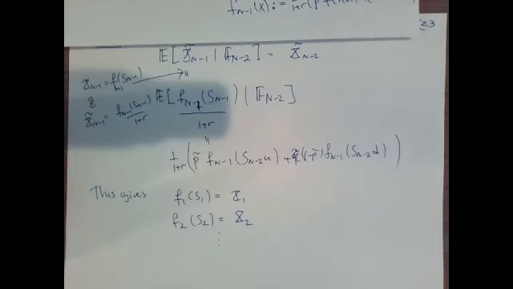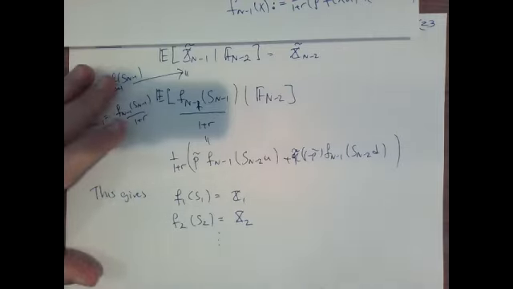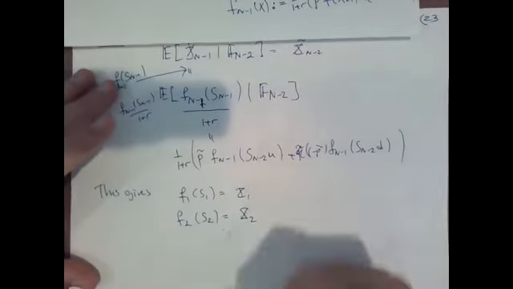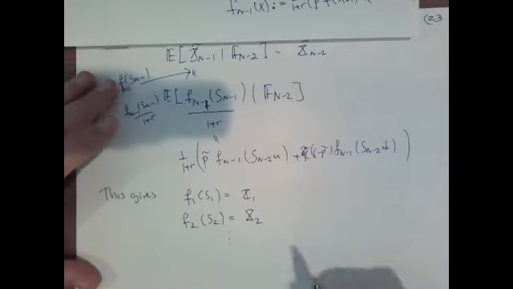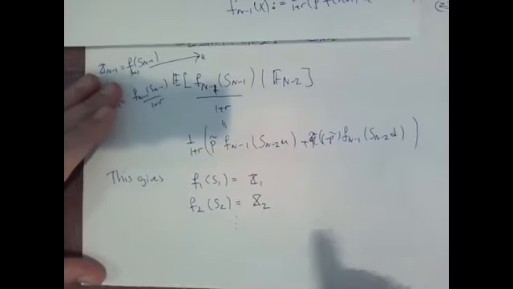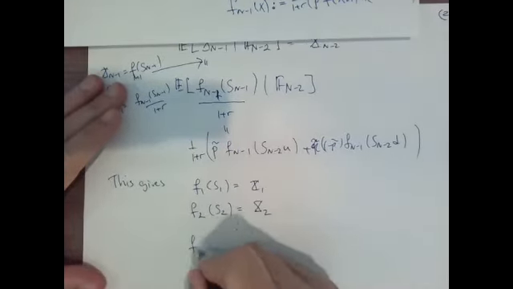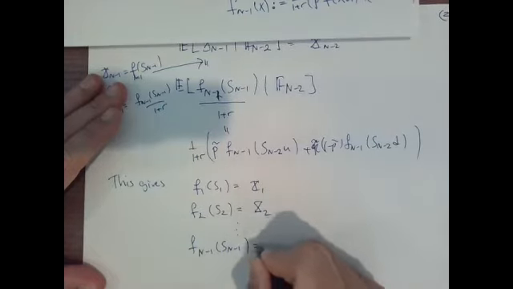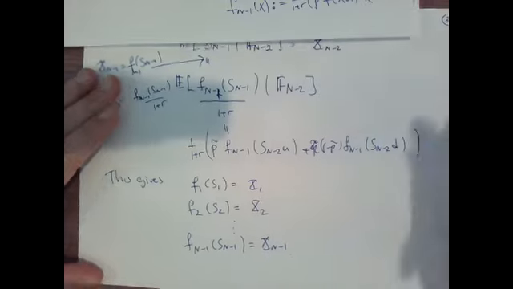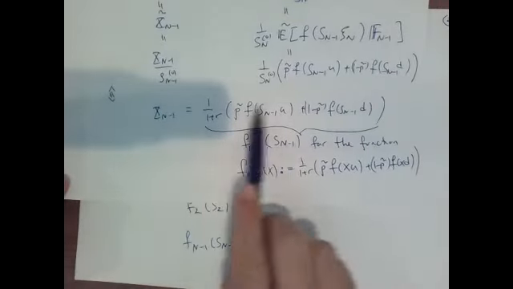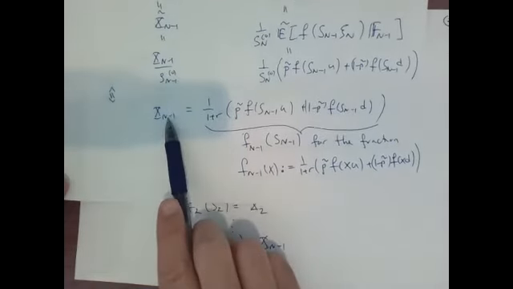But of course, you also know that. So now we have these functions. So how do we get the deltas? Using these, this equals all the way down to F_{n-1} of S_{n-1}. This is going to give you X_{n-1}. That was the first one we started out with. This mess in here was the last one.